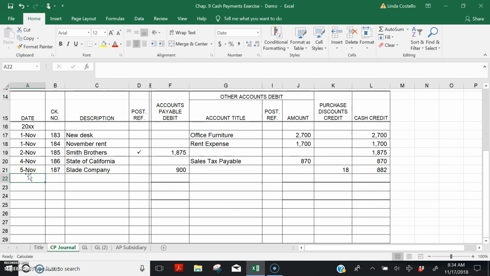Date November 5th, check number 187, description Slade Company, accounts payable debit for the full amount we owe them, $900, purchase discounts credit $18, cash credit $882.